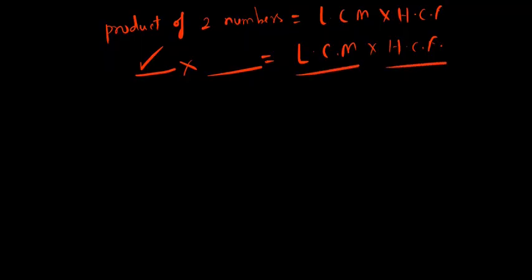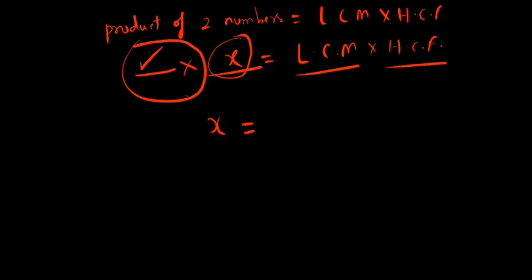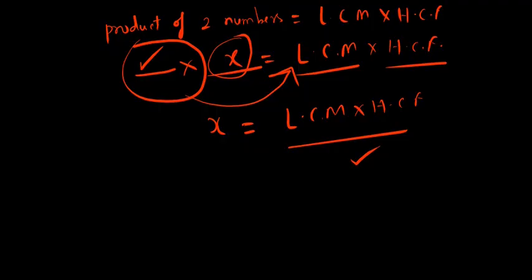How? This number is X. So X is in multiplication with this number, so it goes to the other side and becomes division. Divided by this number, we get X. If they give the two numbers and the LCM and we have to find HCF, you send this one to this side to find it.